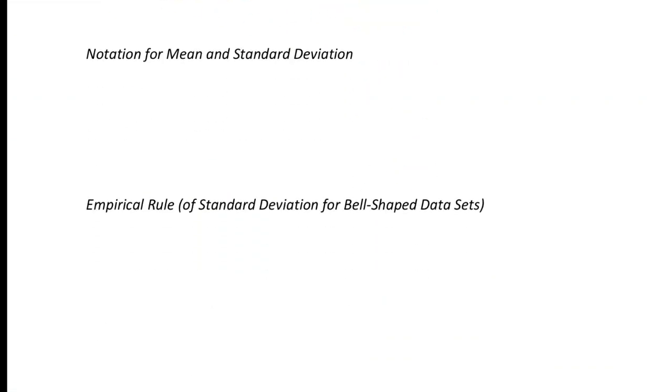So let's kind of wrap up this section by talking about some notation for mean and standard deviation. Then I want to get a little bit more into that bell-shaped curve that I referred to earlier. So when we talk about notations or symbols, there are different symbols depending on whether you are talking about population or sample. And so this is where you have to really pay attention to the symbols being used.